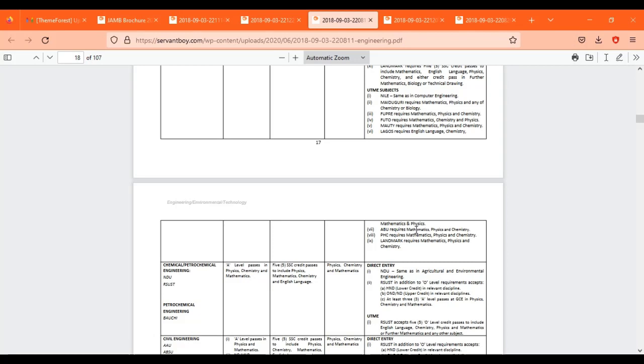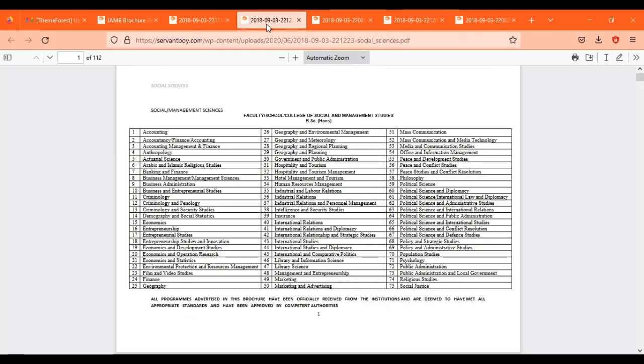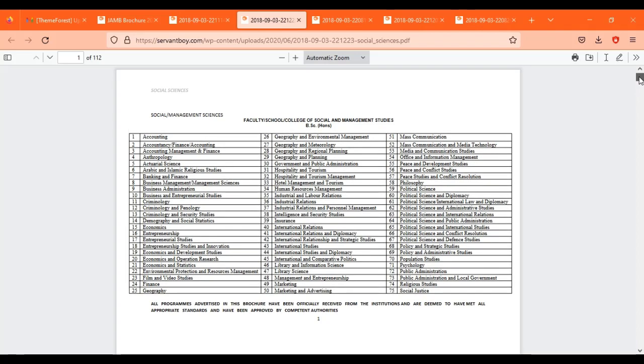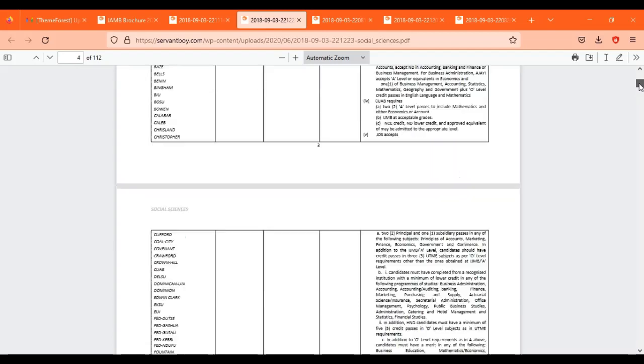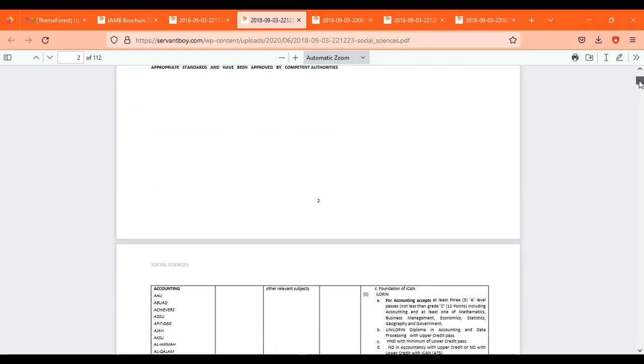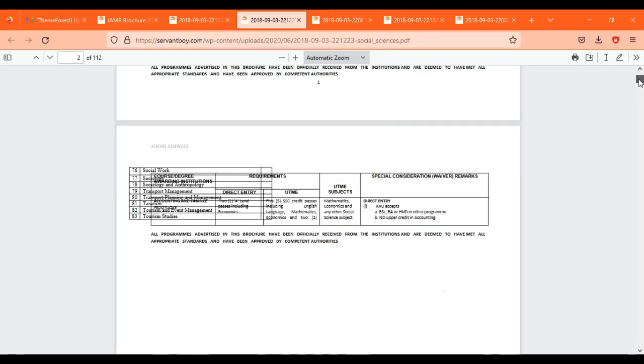So Ahmadu Bello University requires math, physics, and chemistry plus English language, which is required. So that is how you can go through the brochure to know the required JAMB subject combination. This is for social sciences.